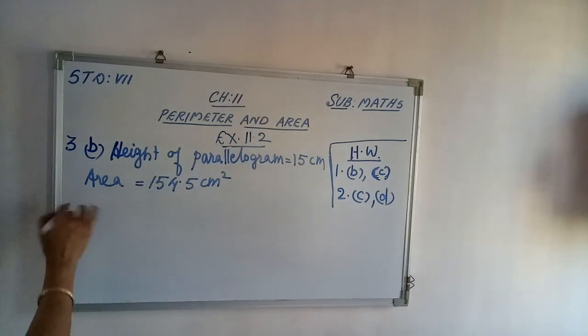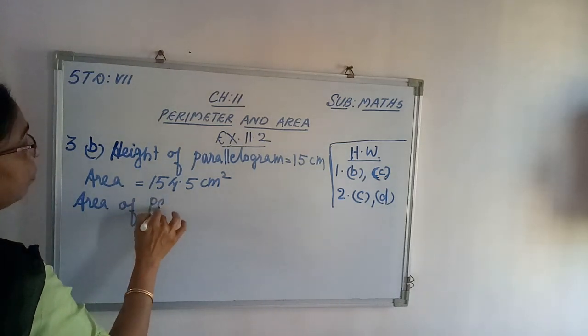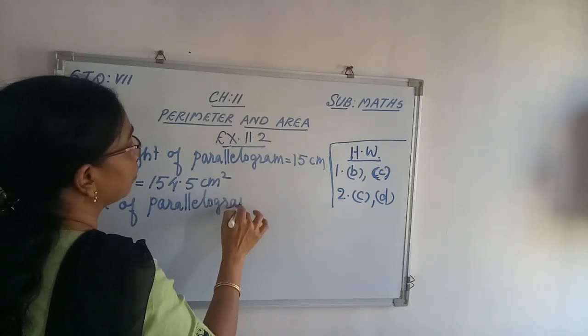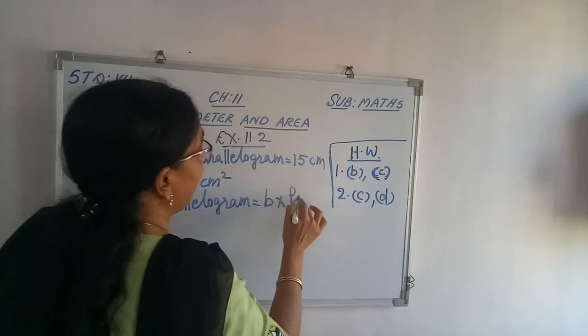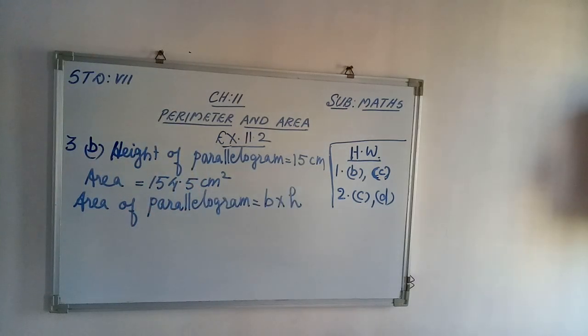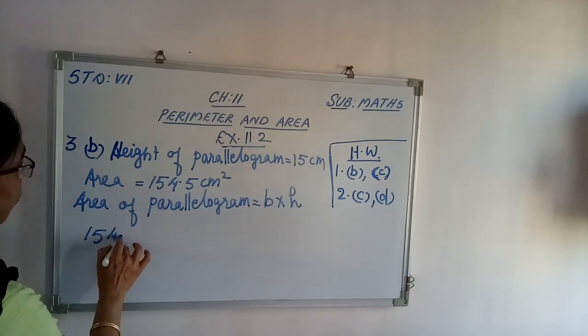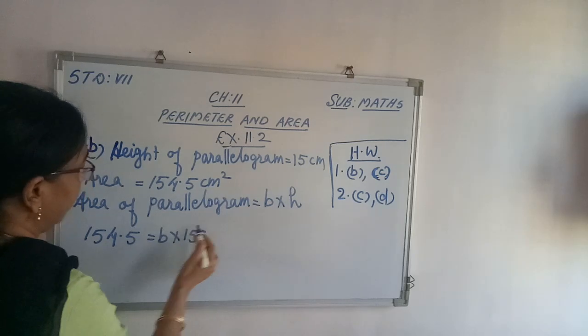Similarly, then we will write the formula. Area of parallelogram is base into height. Base multiplied by height. B for base and H for height. Substitute the value. 154.5 is equal to B multiplied by 15.